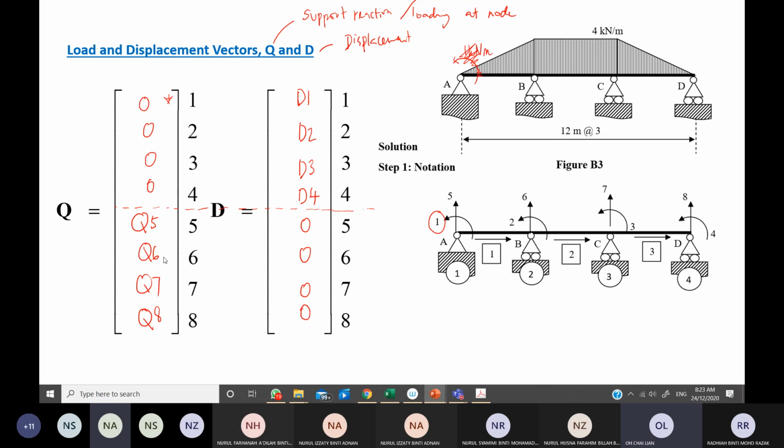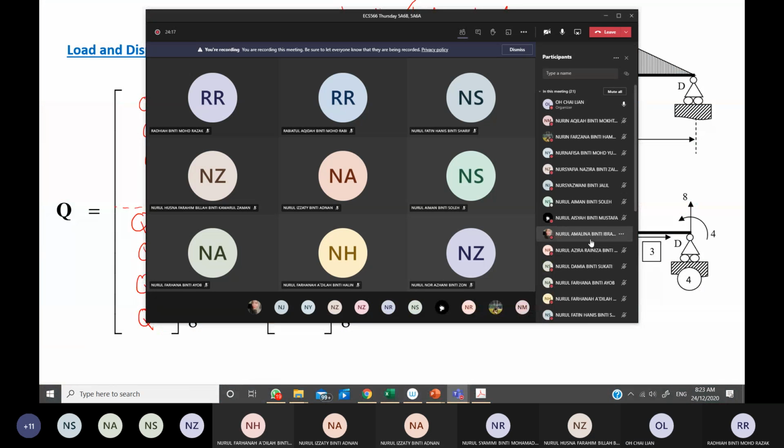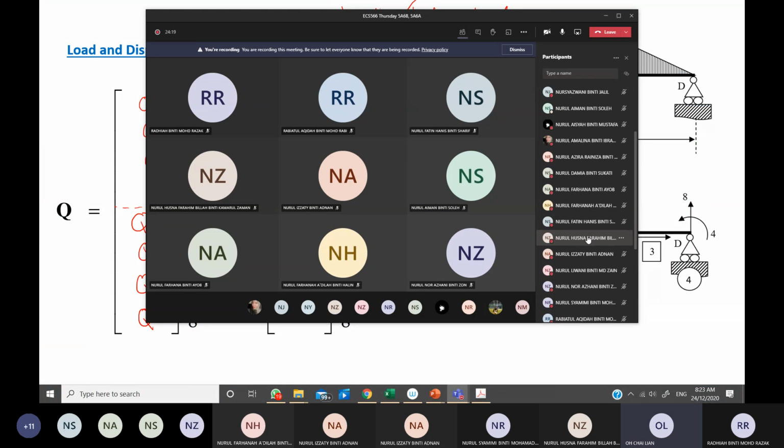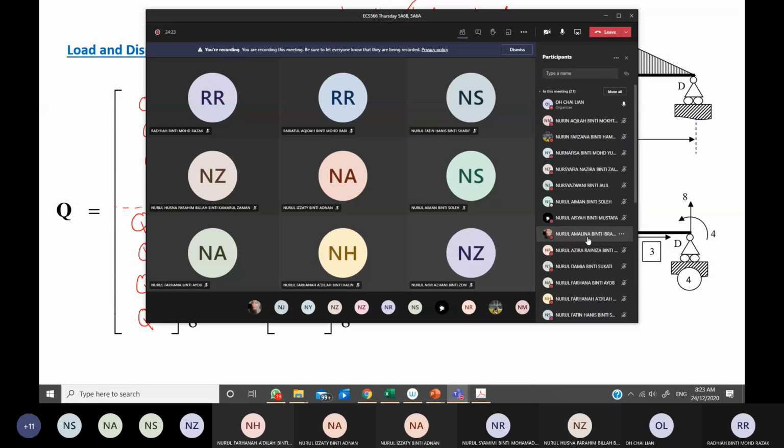Before we proceed, may I know who cannot see my screen? Anyone? You need to let me know, so that if you cannot see that, I will post the answer step by step to your WhatsApp group.